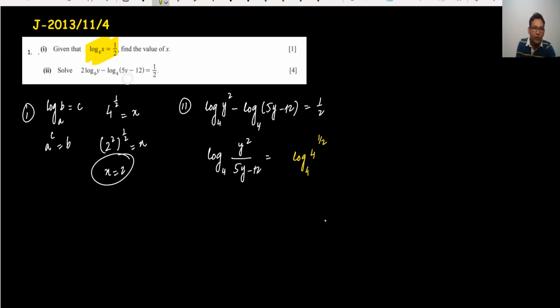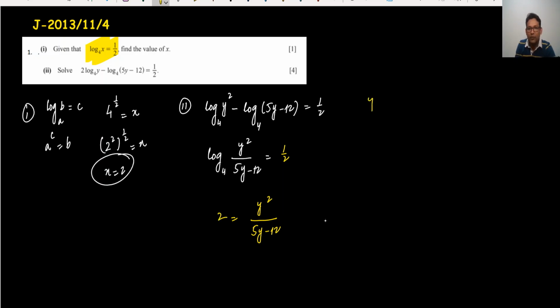And even if you see the first part, question number 1 here, it is the same thing: 1 upon 2 is also there. So you can write 4 power 1 upon 2 is equal to the whole value. We can write in the index form. This is also possible. Okay, now this result is only 2, and we do the cross multiplication.